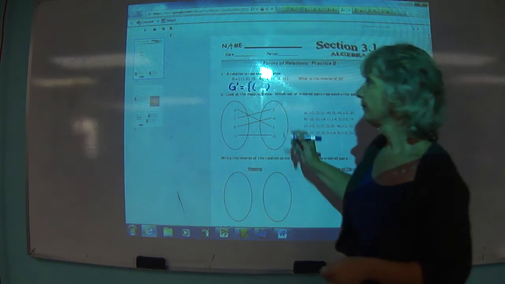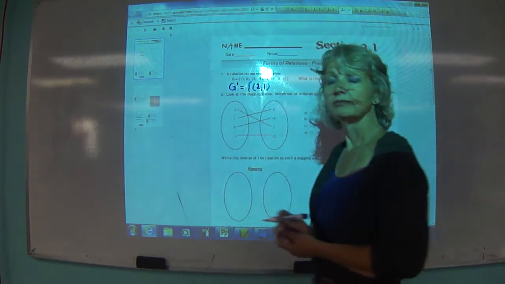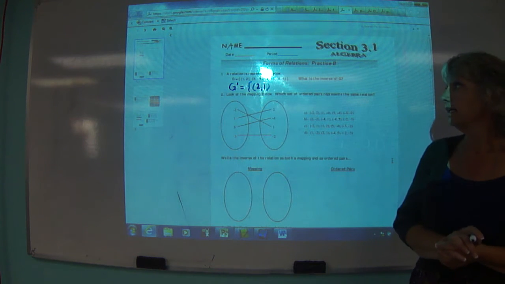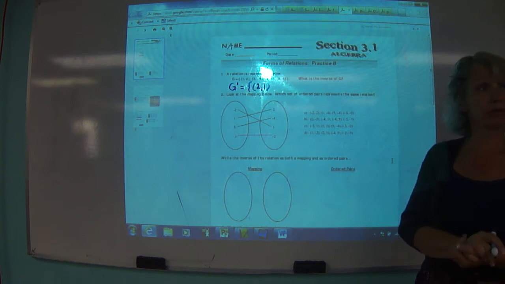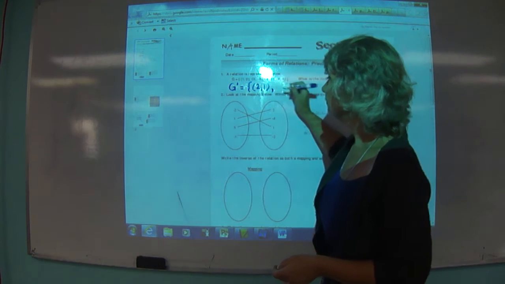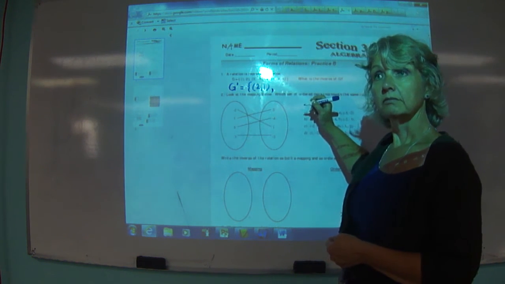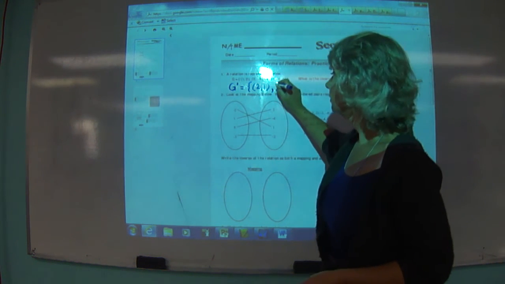I'll give you a hint. Here's the first one. If the original was (1, 2), the inverse is (2, 1). So what do you think the inverse of (3, negative 4) would be? Negative 4, 3.